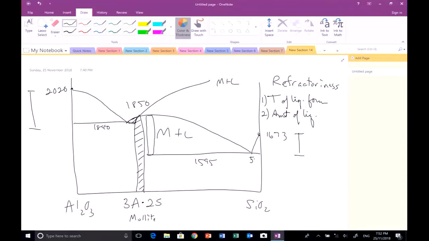So alumina-rich is much more refractory than silica-rich. Silica-rich is also better for liquid phase densification. I could Czochralski crystal grow mullite, as well as alumina and silica.